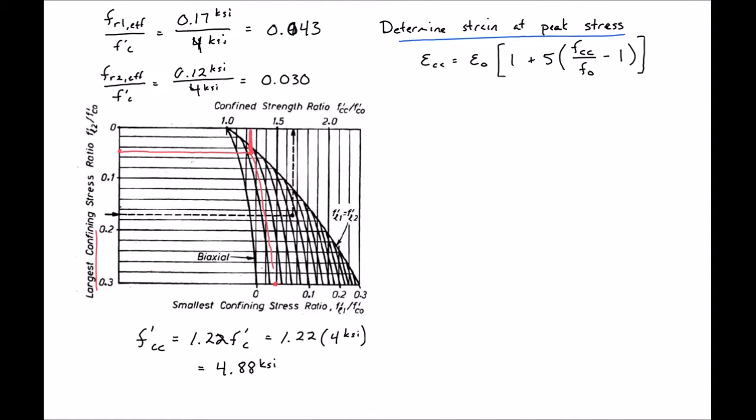So we'll continue using Mander's expression, so we can use this expression for the strain at peak stress, and plugging in our values, we'll have our epsilon naught as 0.002, times 1 plus 5 times 4.88 over 4 KSI minus 1, and we can find our epsilon CC then to equal 0.0042.